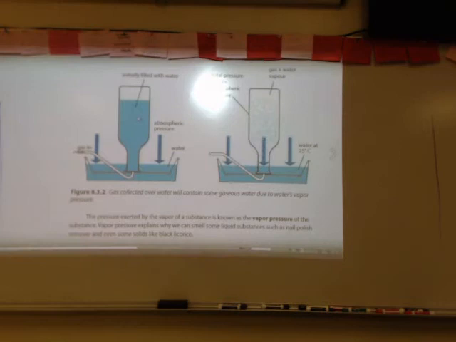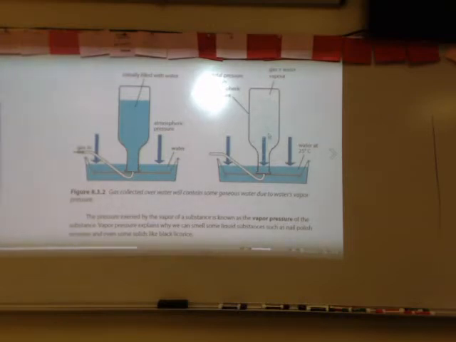So here, for instance, I have water in this upside down bottle. Over here, I'm collecting a gas that is entering in here, and it's going up through the water, and it's going to fill this empty space above it. So now the water level has come down, and I have gas and water above the liquid.